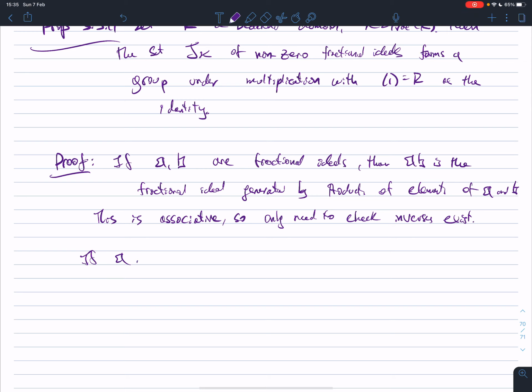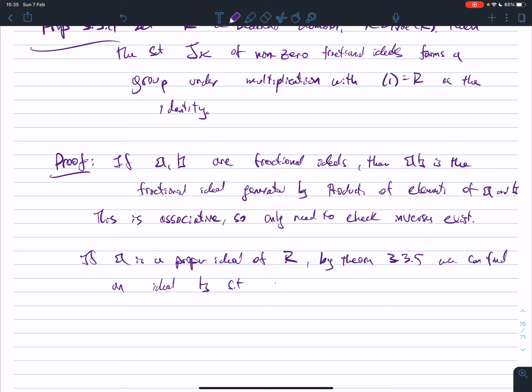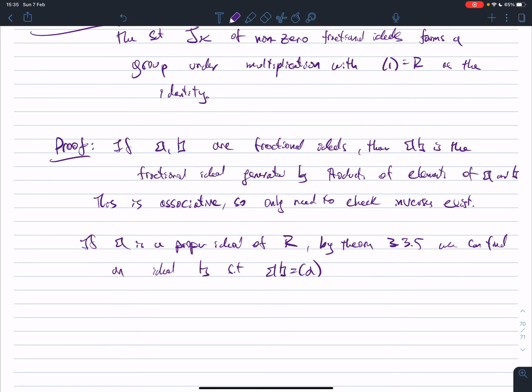So first let me just do it for normal ideals. If A is a proper ideal of R, then by theorem 3.3.5, we can find an ideal B such that A times B is principal, generated by some alpha.